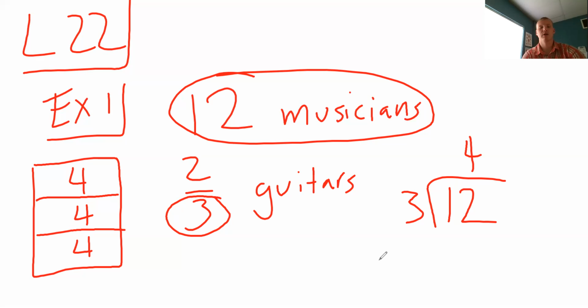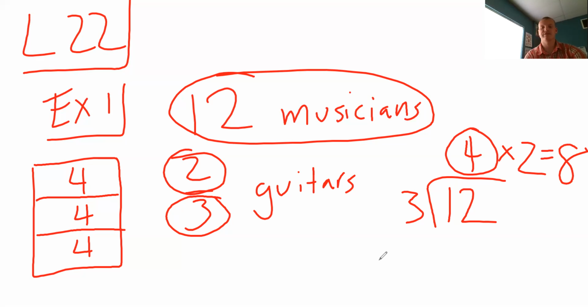So 12 total. How would I figure out the 2/3 part? What do I do with that 2, Talon? So I multiply that by my answer of 4. So 4 times 2, which is going to be 8.